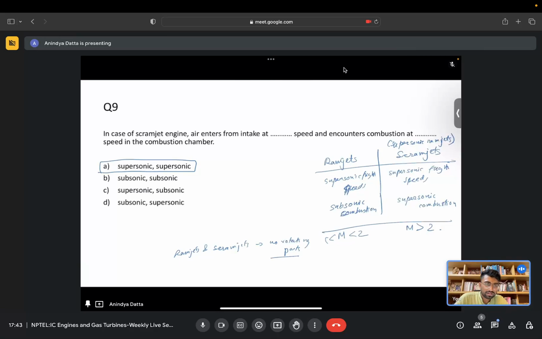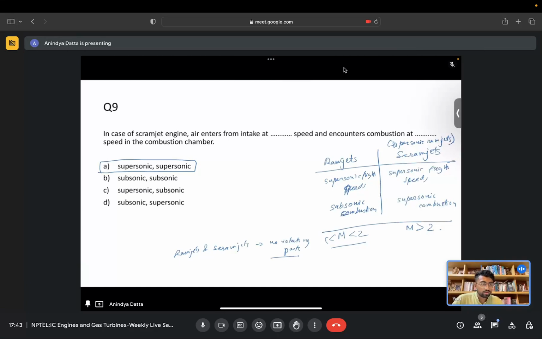For this we have to look more into gas dynamics textbooks on compressible flows. But if I try to explain in simple terms, in ramjets the inflow Mach number is supersonic but lower, closer to 1, but in scramjets the inflow Mach number is much higher.